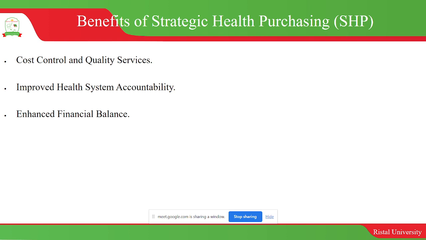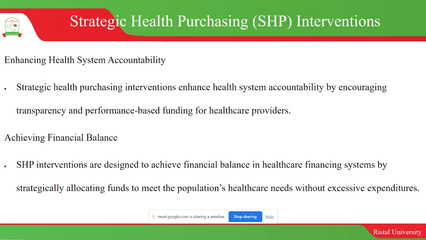So the cost of providing services can be controlled, and the services are actually of good quality, and the people that we give the funds are actually accountable to us, and we can have good financial systems in place for accountability, transparency, and making sure that the resources are used for the right purpose. So let us look at how these things are achieved.